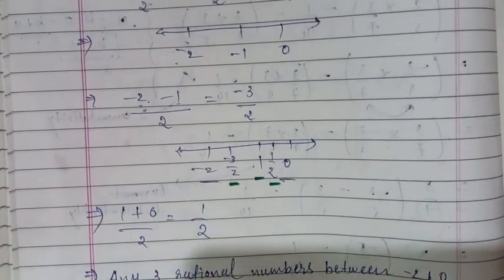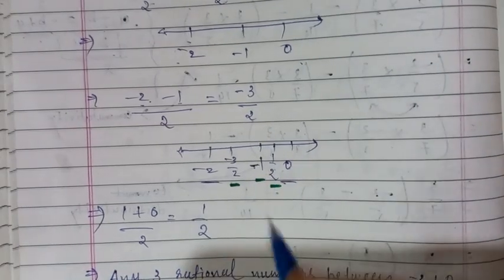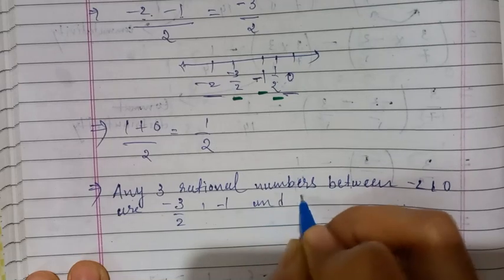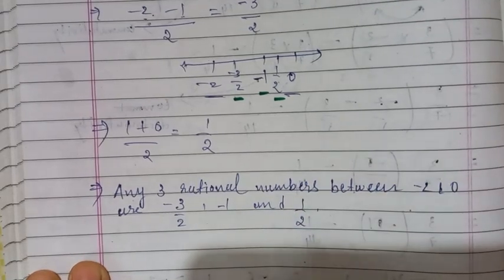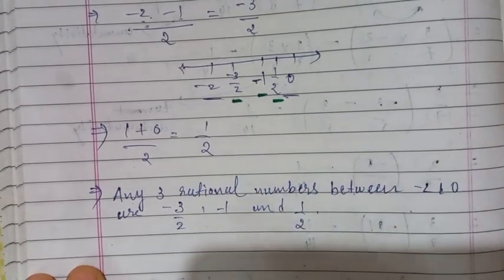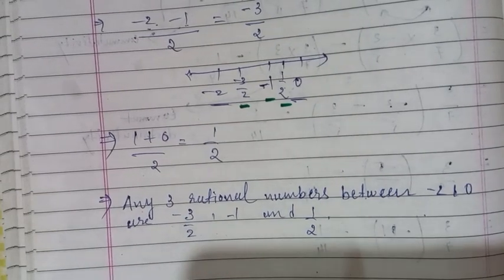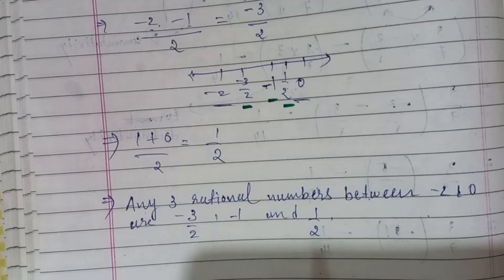Why did I write 1? Sorry, -1. Yes, -1 and -1 by 2. So this is any 3, not only 3. Any 3 rational numbers between -2 and 0.